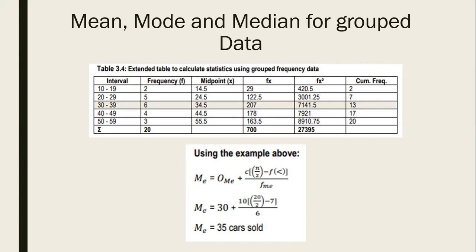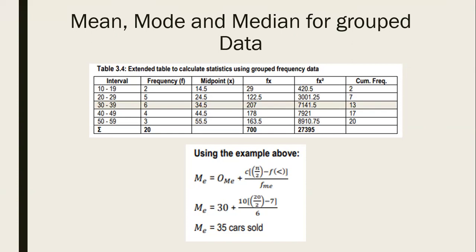Then less than, this is the cumulative frequency of all the class intervals before. If you add this and this, you get 7. So that is the cumulative frequency of the previous class. You just take the cumulative frequency of the class previous to the median interval.